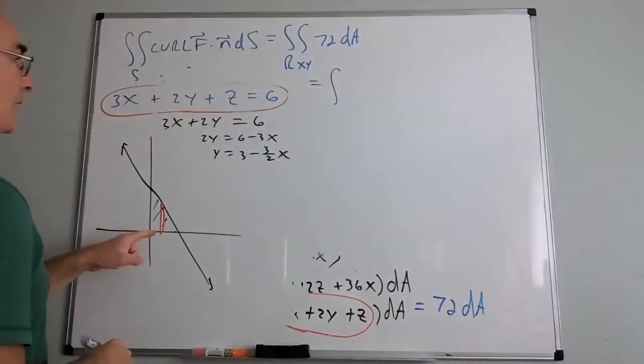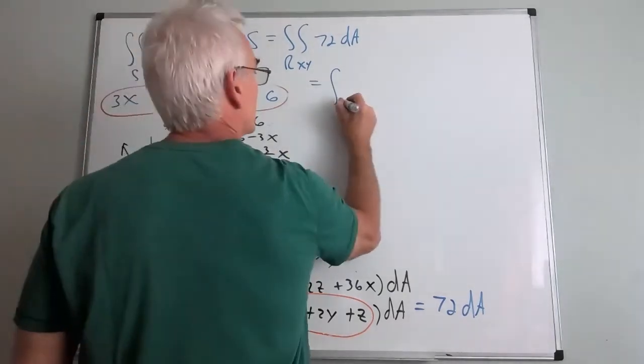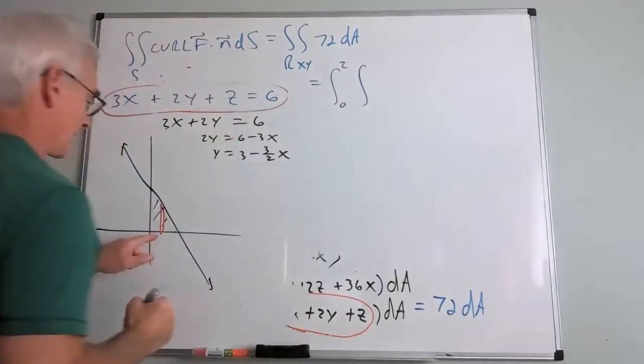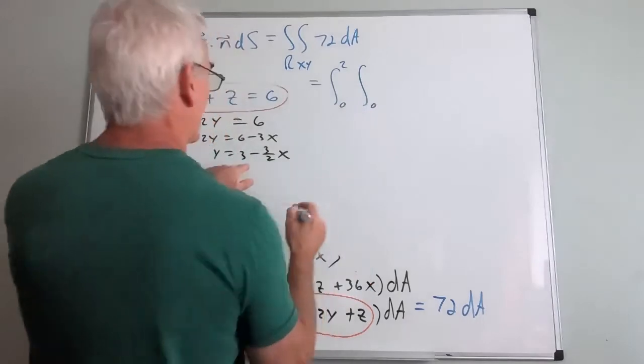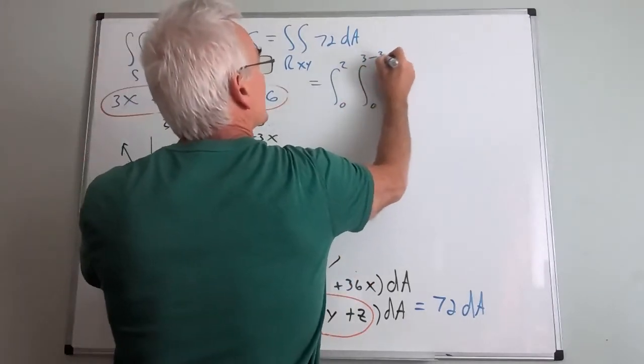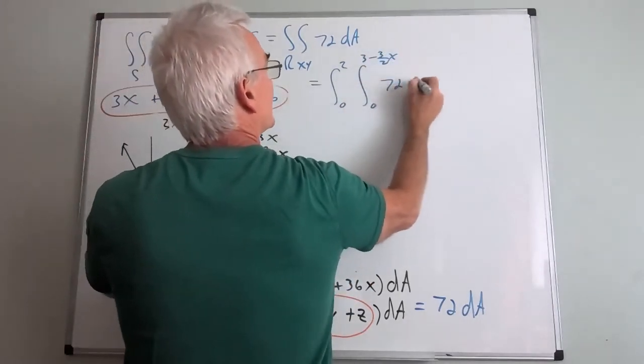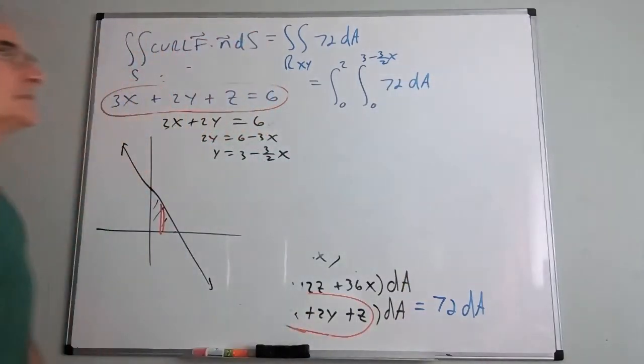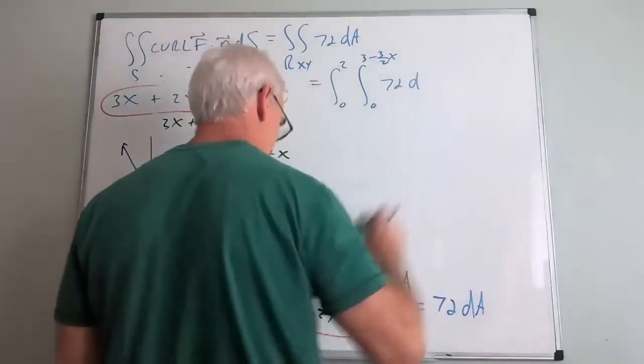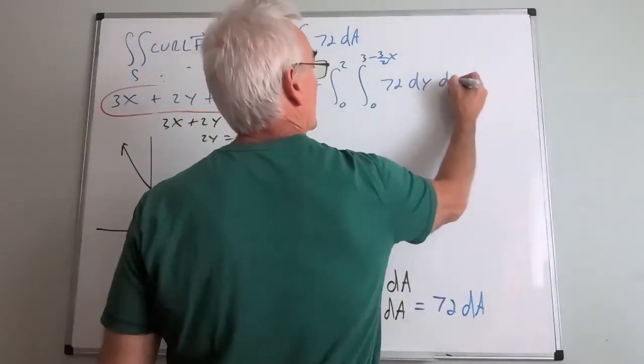So if I do vertical rectangles, x is going from 0 to 2. Y is going from y equals 0 to y equals 3 minus 3 halves x of 72 dA. Okay, that's very nice. Oh, I'm sorry. Now it's 72 dy dx. Sorry, we're going in that order.